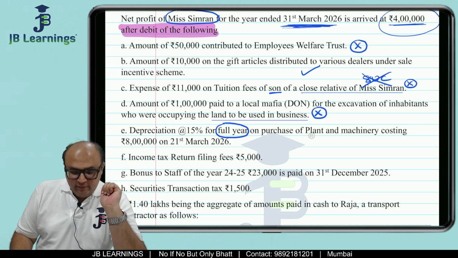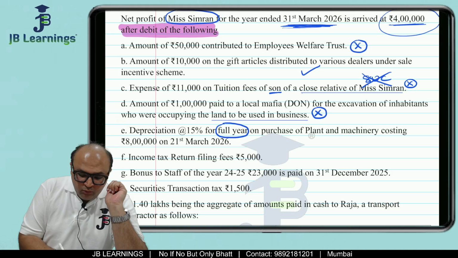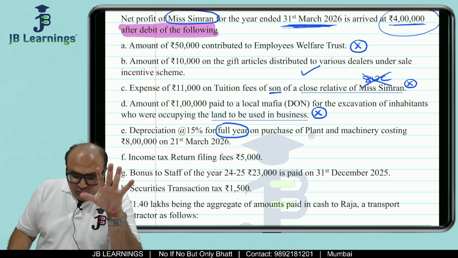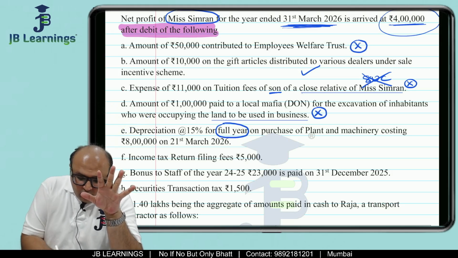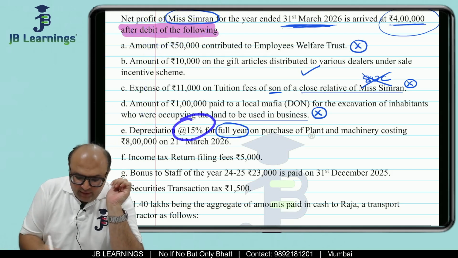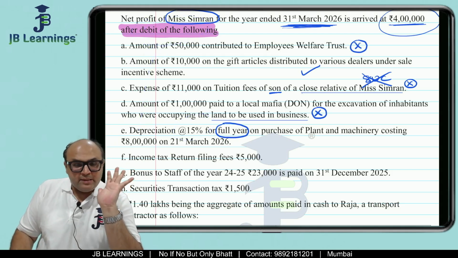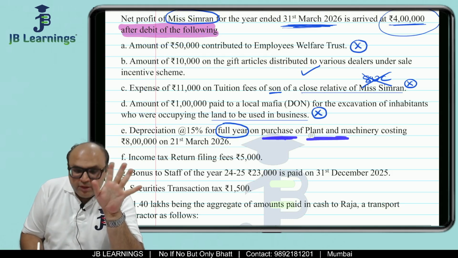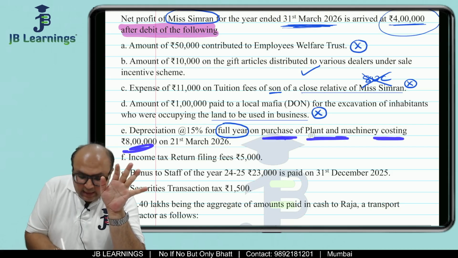See friends, what they have done is they have not given the amount of depreciation which is debited. See, what they have said is depreciation was debited at 15%. They have given 15%. They have not given the amount on purchase of plant and machinery costing rupees 8 lakhs.